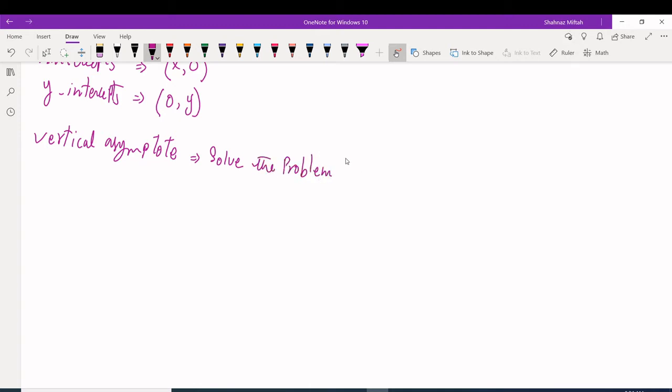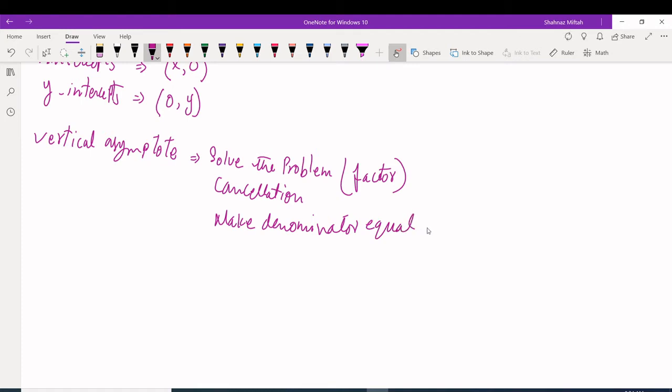Solve the problem means factor out, do the common factor or any kind of factor, quadratic or cubic or any factor. Then do the cancellation, like if there is something to cancel out, then you cancel. At the end, when you solve the problem and you can't do anything else, then make the denominator equal to 0. And this will give you the vertical asymptote.